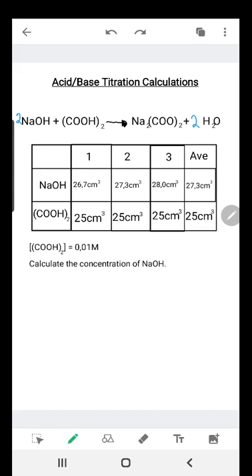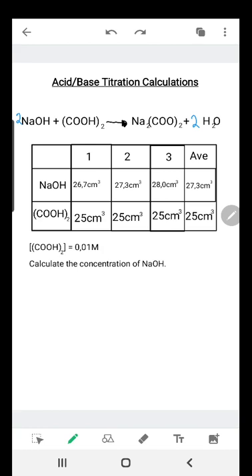The concentration of the oxalic acid, 0.01 molar, is from our standard solution. The question is to calculate the concentration of sodium hydroxide. So the table that you see, these are theoretical results as far as our measurements are for our pipette and our burette.